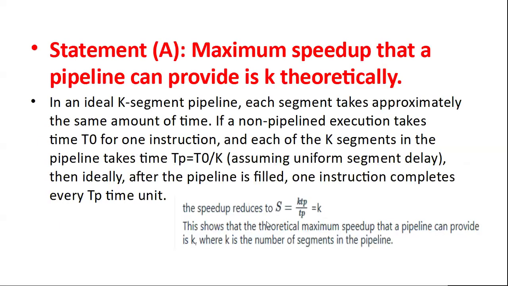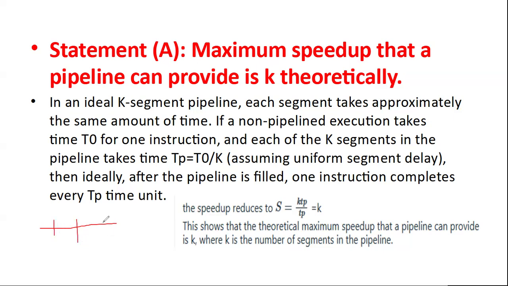The first statement given is that the maximum speedup that a pipeline can provide is K, theoretically. That is, we can provide maximum speedup K theoretically. This is true because in an ideal K-segment pipeline each segment takes approximately the same amount of time, because we are dividing a process into sub-processes.